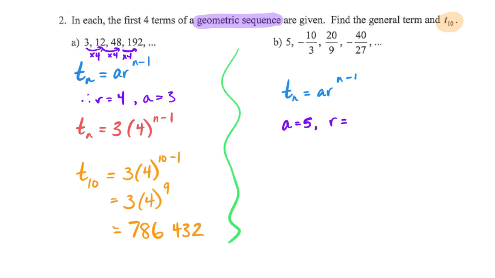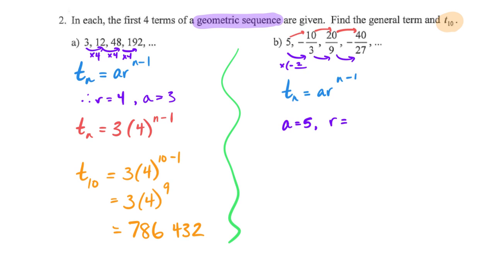So you are either taking a term and dividing it by the one that came before it, or you're taking a look and saying, okay, what would I do to go from term to term? Well, you do notice that you're changing signs from term to term. So that means I have to be multiplying by a negative value. You'll also notice that 5 becomes 10, and 10 becomes 20, and 20 becomes 40. So I'm multiplying all my tops by 2.